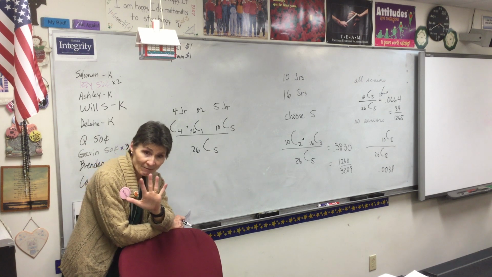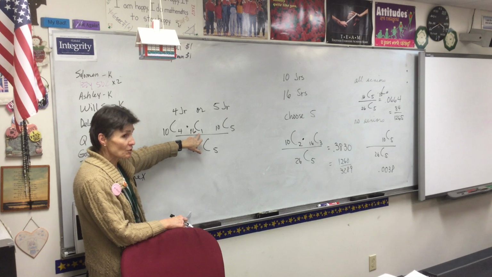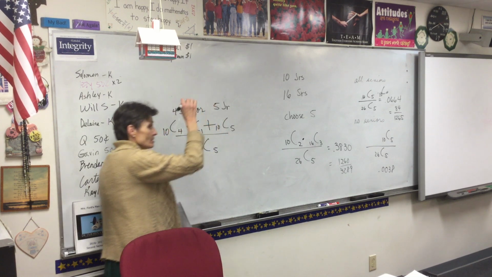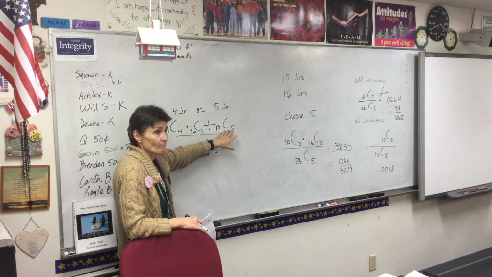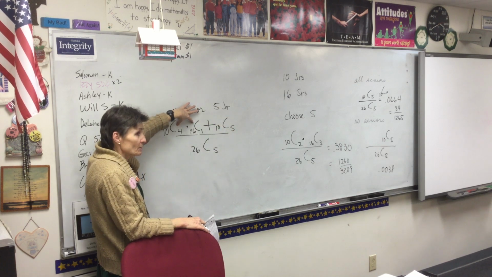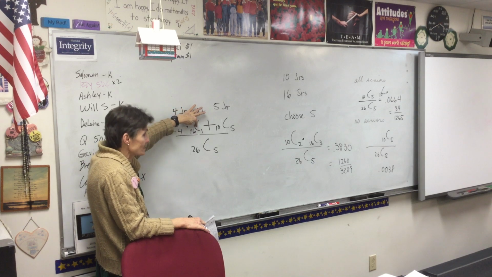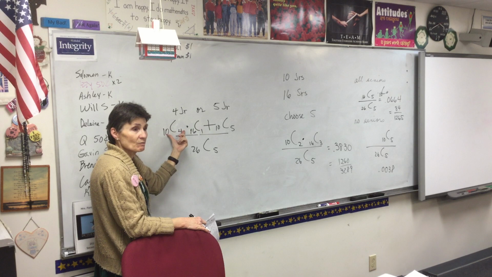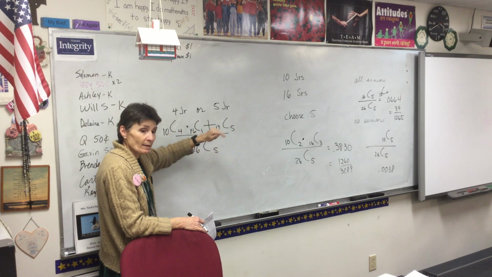But since you're picking 5 people, you also have to have a senior in there. That gives you your 5. Or you could have all 5 juniors. So this one is a multiply because it's 4 juniors and 1 senior. This one's an add because it's 4 juniors or 5 juniors, right?